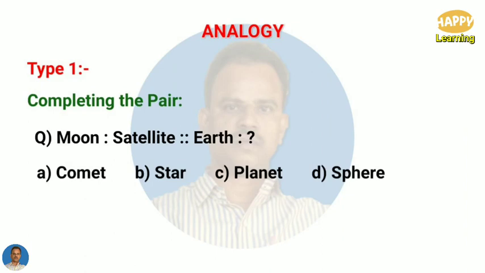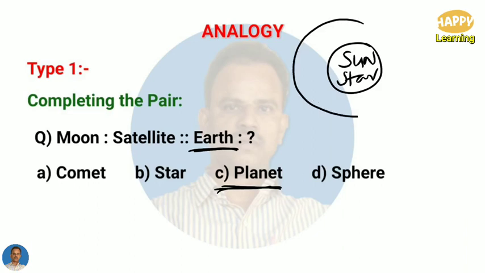And Earth is a natural planet of our sun. So, Earth is a planet. See, the object that revolves around the sun, which is also a star, is called a planet. And the objects that revolve around a planet are called satellites.